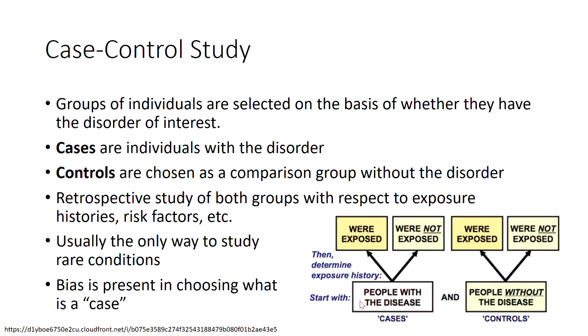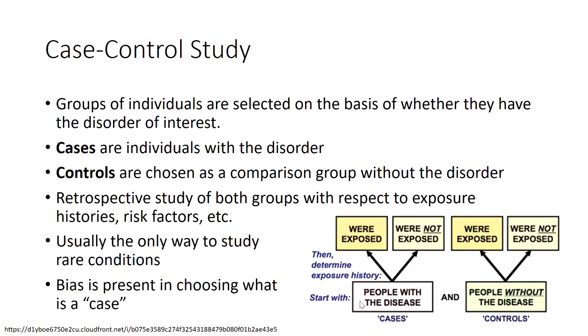So this is usually a retrospective study of both groups with respect to the exposure histories, risk factors, and it's usually the only way to study rare conditions, because you can't really do a cohort study for rare conditions because you would just need so many people in your cohorts in order to get enough cases that developed. So if it's something like diabetes, a cohort study is fine.